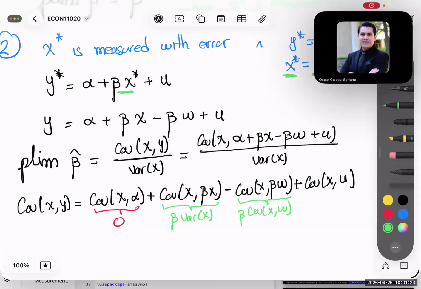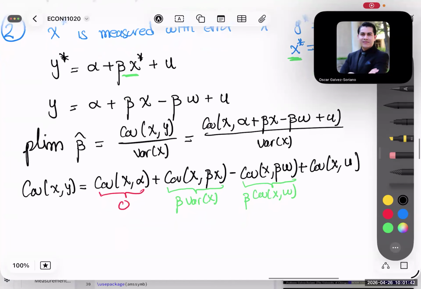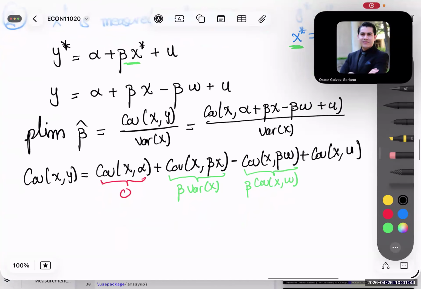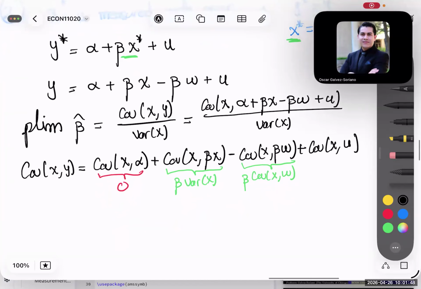And for the last one, I'm not going to say anything, but you cannot just assume in this case that it is 0, because now x is measured with error, right? So now we cannot assume that there is a 0 covariance.